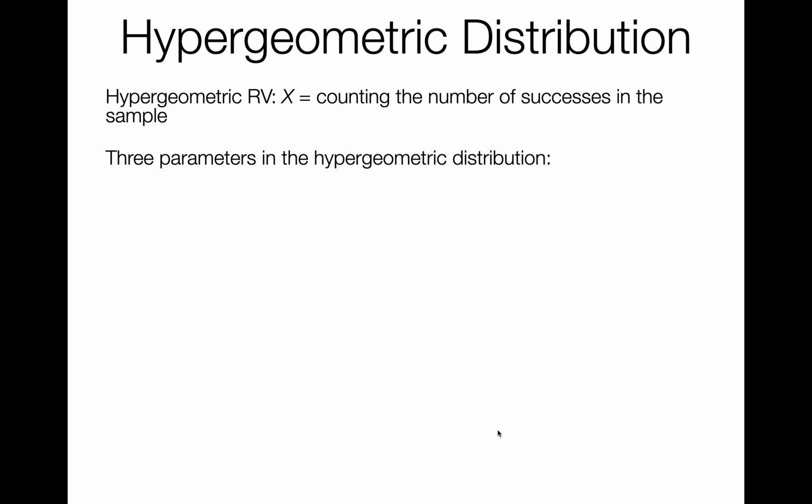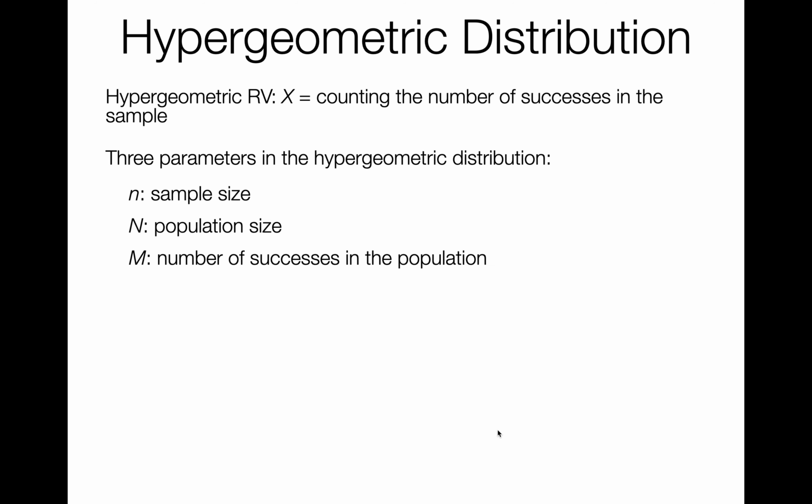The three parameters of the hypergeometric distribution are the three things that can change. One, the sample size, little n, can change. Capital N can change for different populations, and capital M can change, the number of successes in the population. Given those three things, we denote a random variable with a hypergeometric distribution like so.